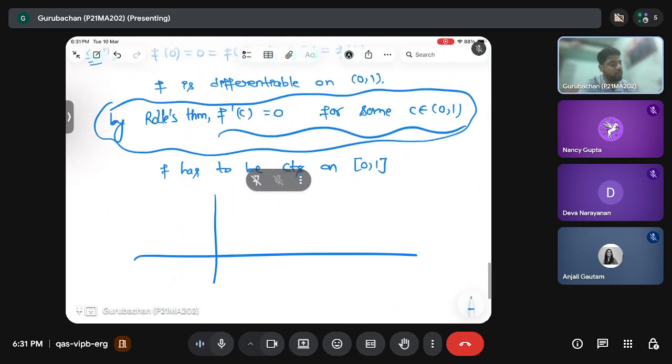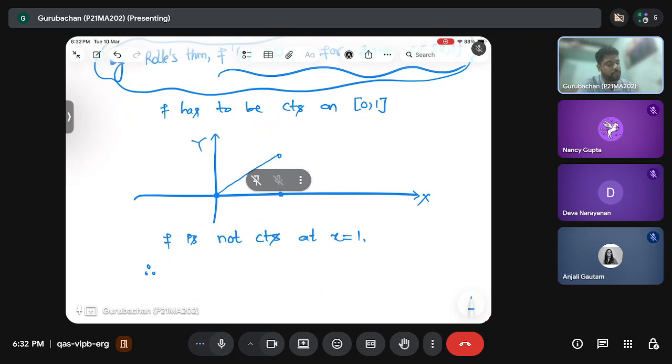Graphically, from 0 till 1 it is like this, but at 1 it is 0. So the function f is not continuous at x equal to 1.